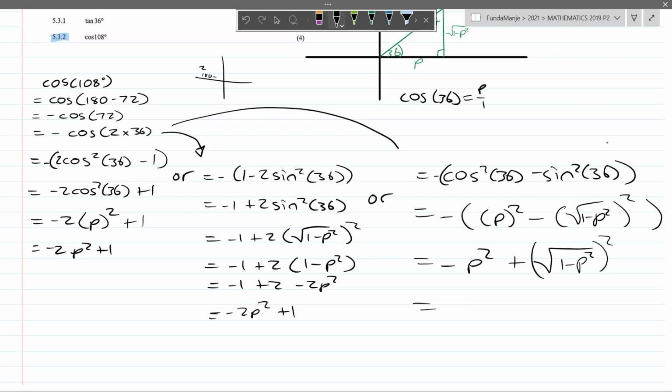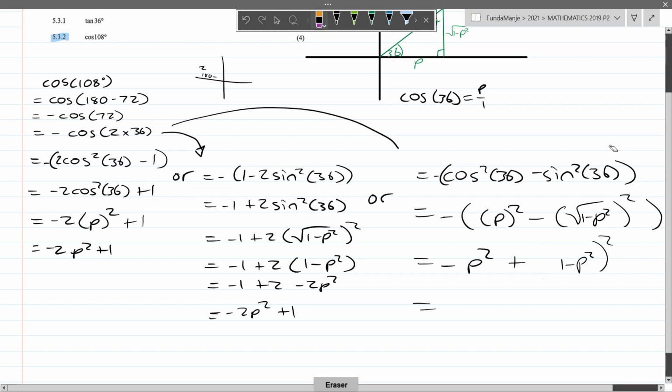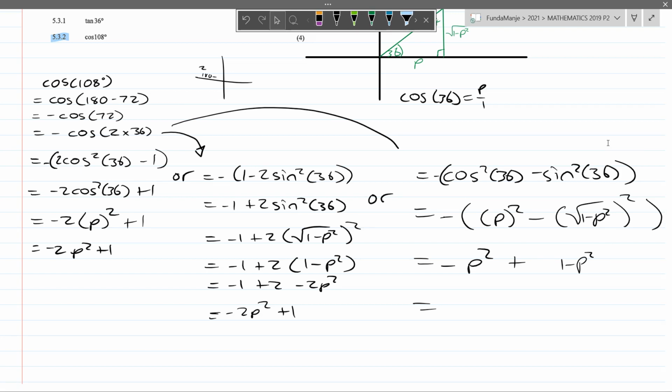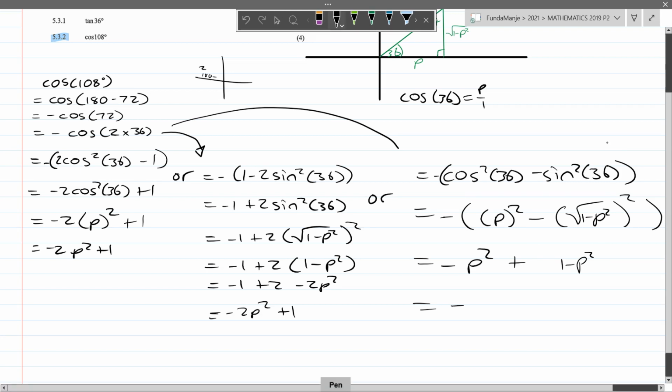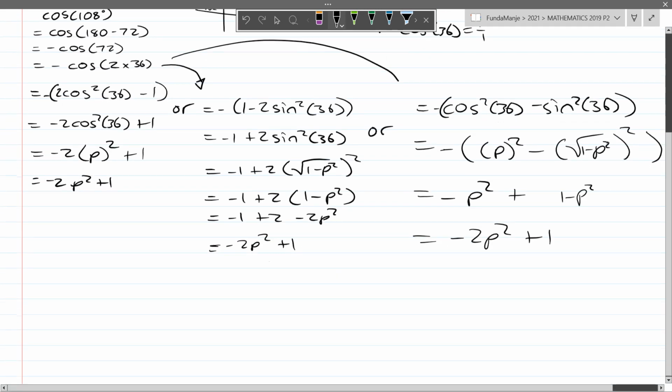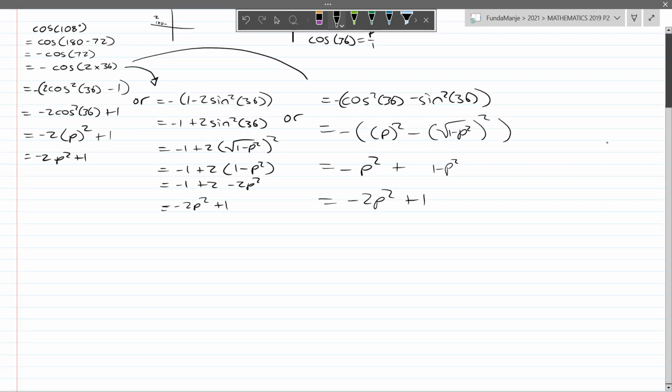If you simplify this, we're left with this, and again we get minus 2p squared plus 1. So there are quite a number of ways that you could solve this problem.